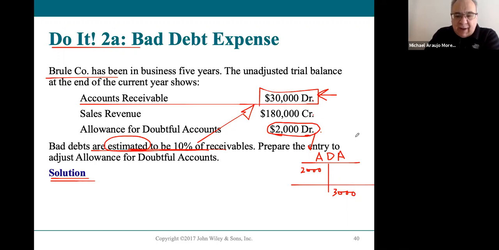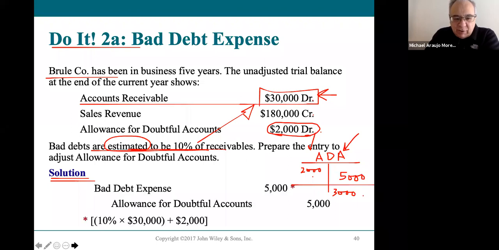Well, you write off how you adjust your allowance account to get from the balance that's there already to the balance you want it to be. So the only way you get from a $2,000 debit balance to a $3,000 credit balance is you need to put $5,000 on the credit side, which means your write-off that year is going to be quite large. Your bad debt's going to be $5,000. And your credit to the allowance account is going to be $5,000. Okay.